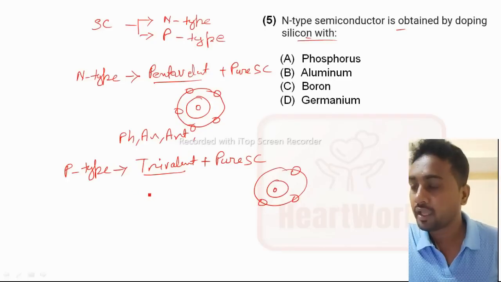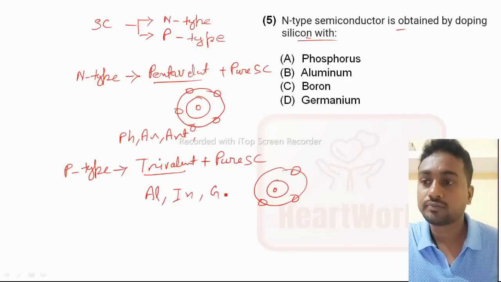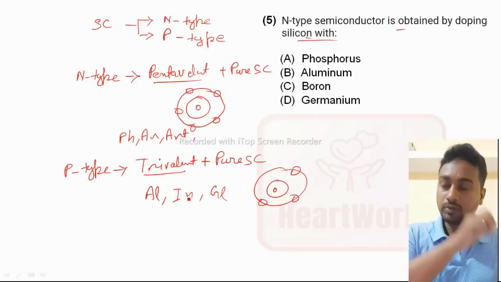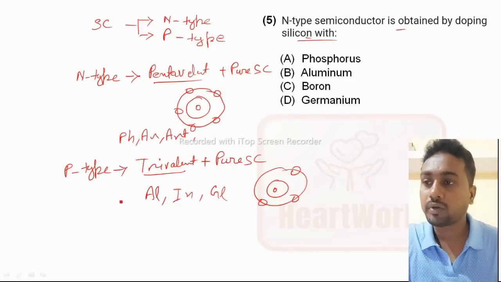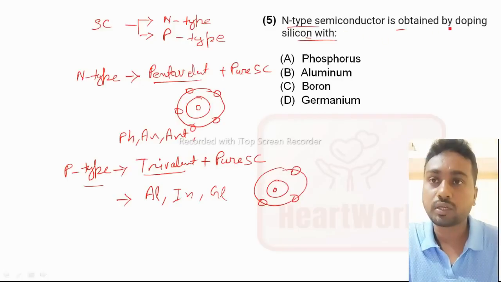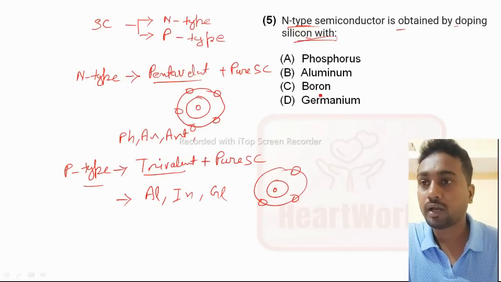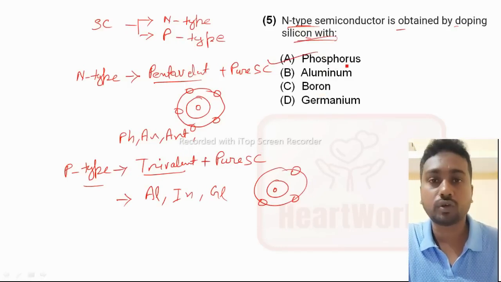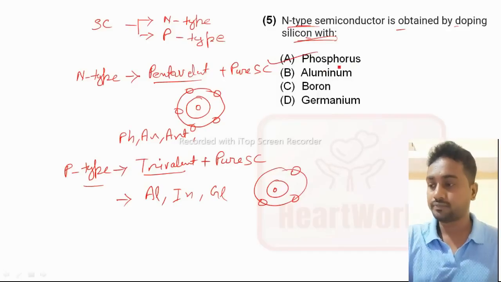For example, aluminum, indium, and gallium. These are examples of trivalent impurities, or P-type. So what is the question asking? N-type semiconductor is obtained by doping silicon with which element? N-type is formed by phosphorus. Option A is the right answer.